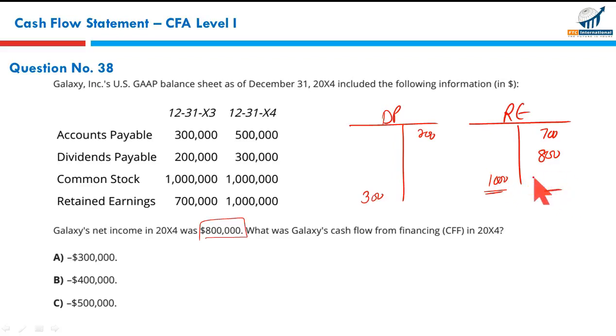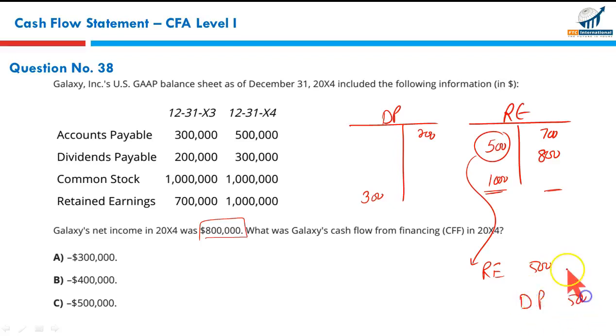How much have we declared as dividend? 700 plus 800, less 1,000, is 500. This has been declared as dividend. Whenever a dividend is declared, the entry is debit retained earnings 500,000, credit dividend payable 500,000. So this must have been credited in dividend payable.